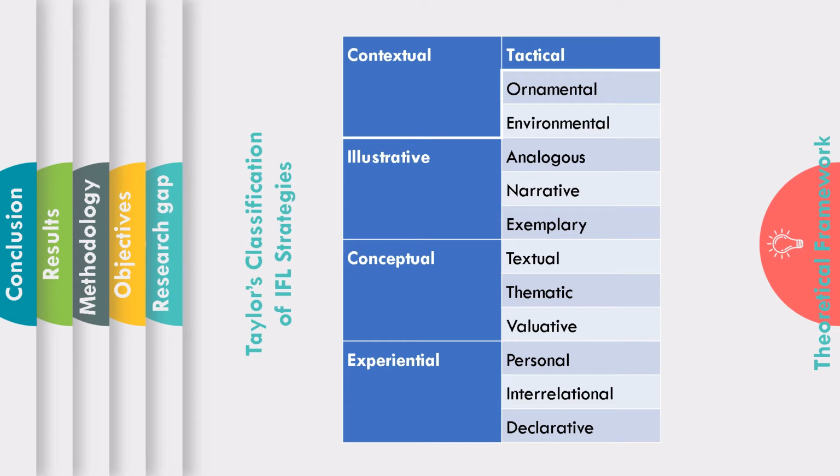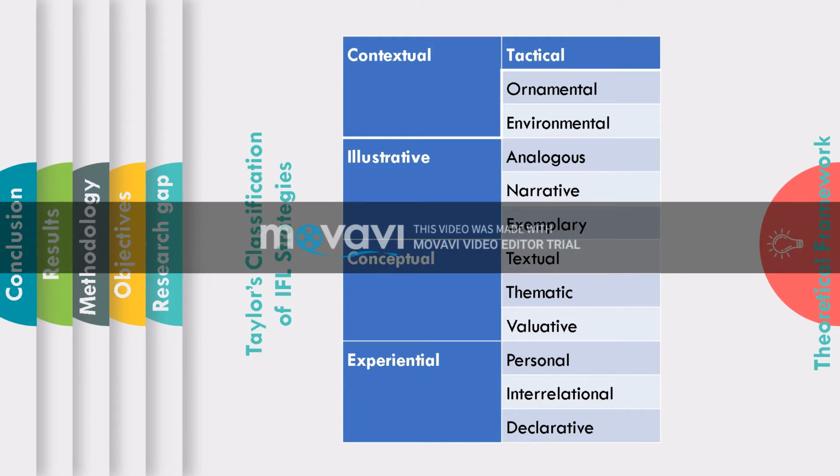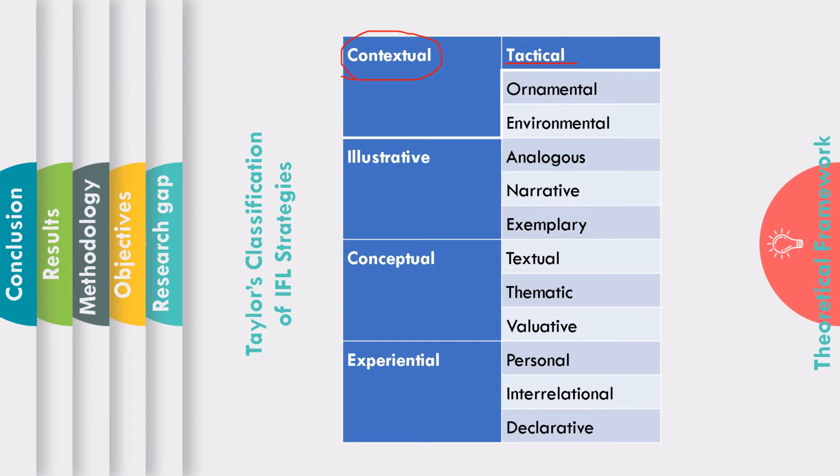Allow me to explain the 4 strategies and 12 methods in a way that is easy to understand. Contextual, meaning from the context. The methods involved here are tactical, or the things that are descriptive and political in nature.